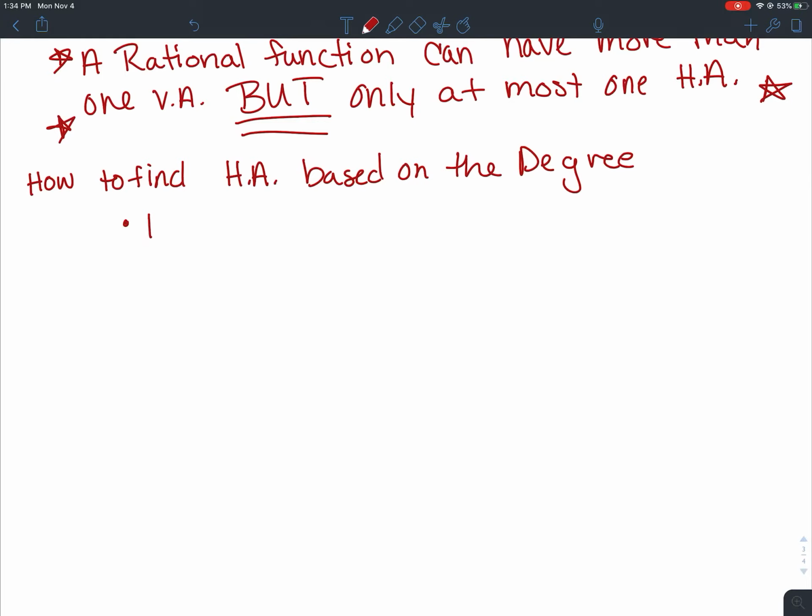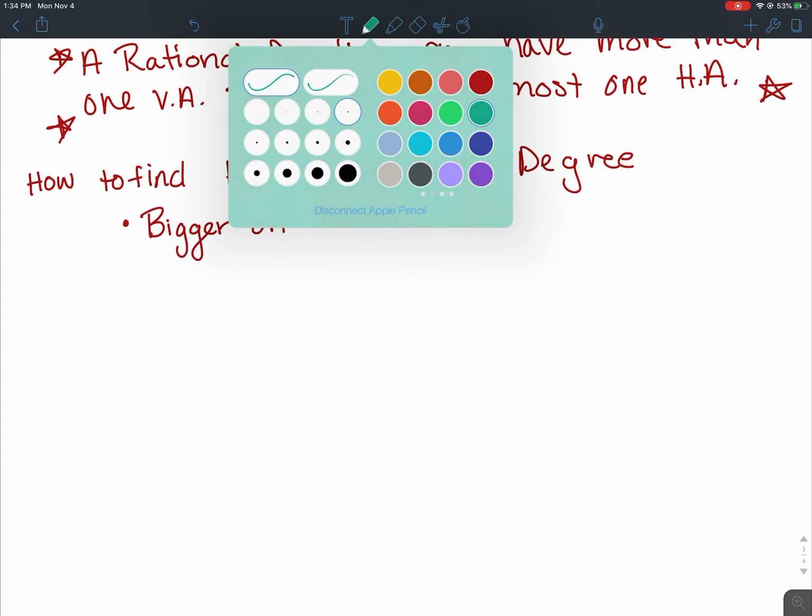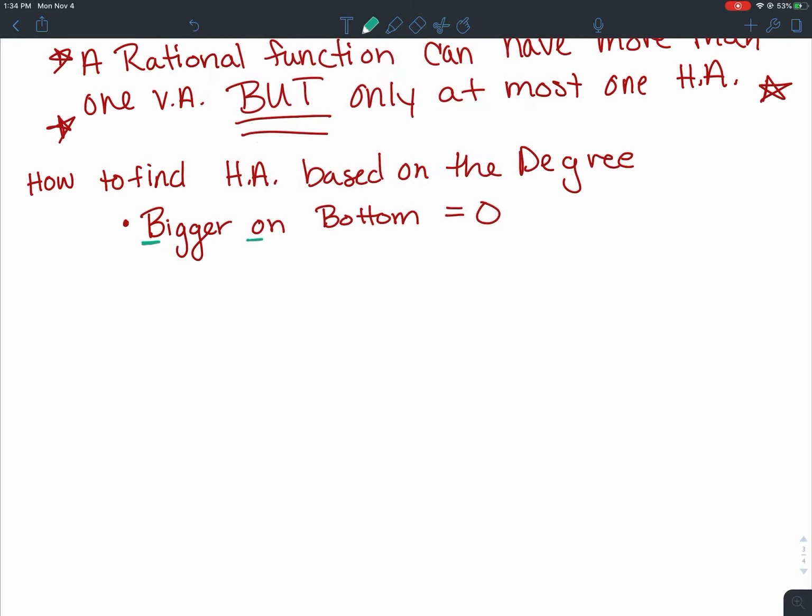So how to find the horizontal based on the degree. If it is bigger on bottom, it equals 0. Bigger on bottom equals 0. B-O-B-O. Bobo. Bigger on bottom equals 0.